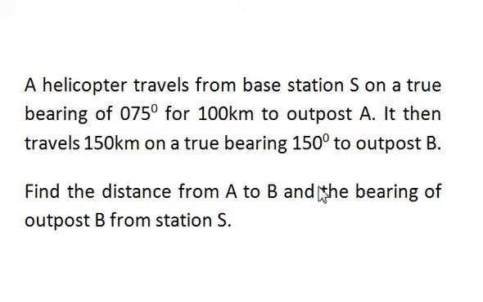It travels for 100 kilometers to outpost A. It then travels 150 kilometers on a true bearing of 150 to outpost B. We are supposed to find the distance from A to B and then the bearing of outpost B from station S.